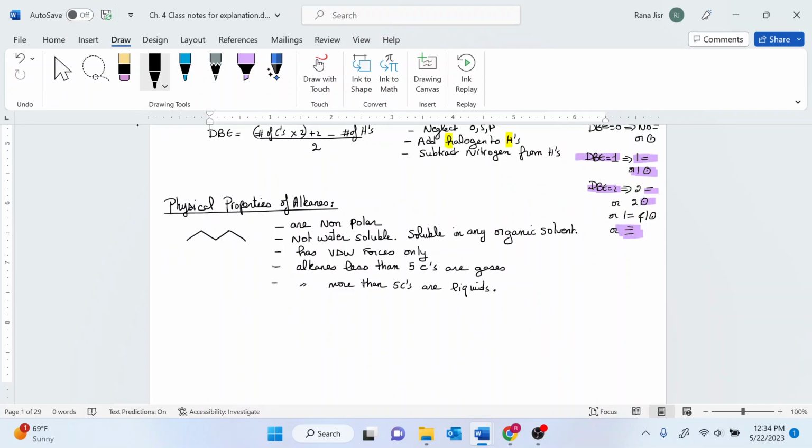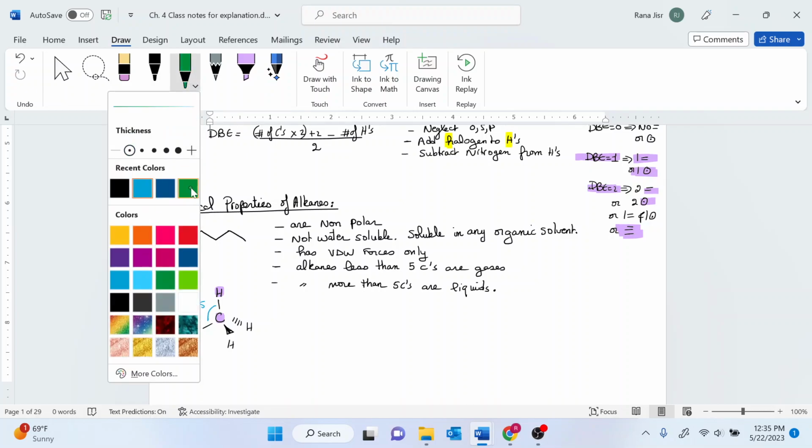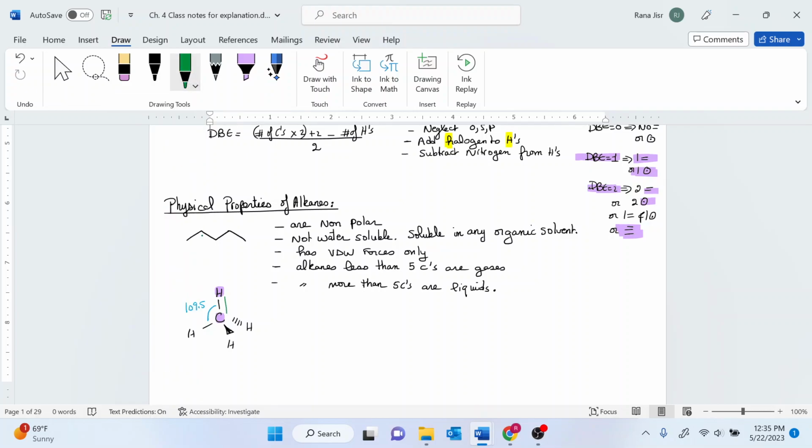Alkanes are nonpolar. If you take a look at the simplest alkane, which is methane, this is a tetrahedral geometry for the carbon with a bond angle between the hydrogens in plane of 109.5. Because the carbon and the hydrogen both have very similar electronegativity, with carbon being slightly more electronegative than hydrogen, the pull of electrons is going to be towards the carbon.